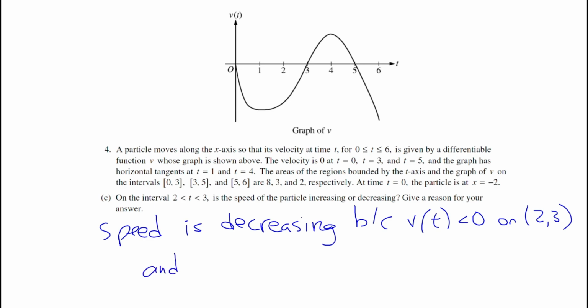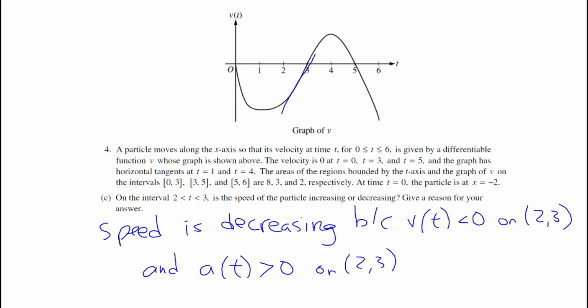And the acceleration a of t, the acceleration of the particle, is greater than 0 on 2 to 3, which we can see because the slope here is clearly positive. The derivative of the velocity is a positive value.